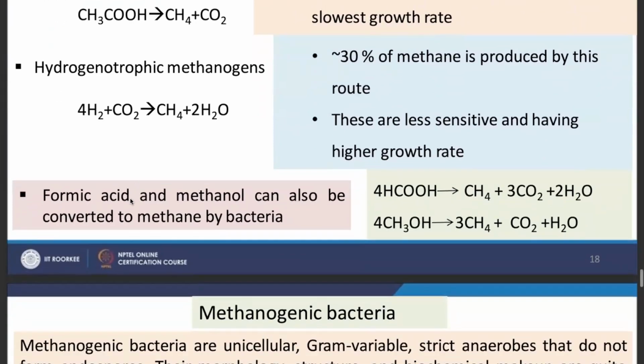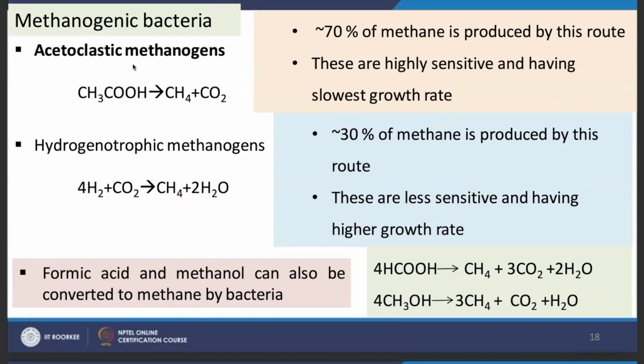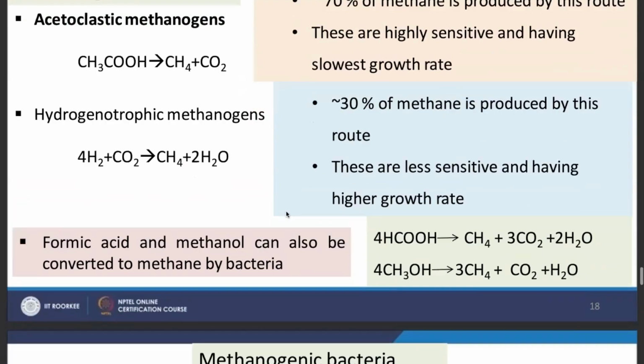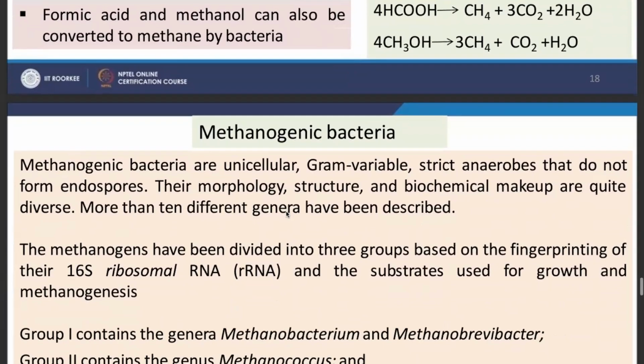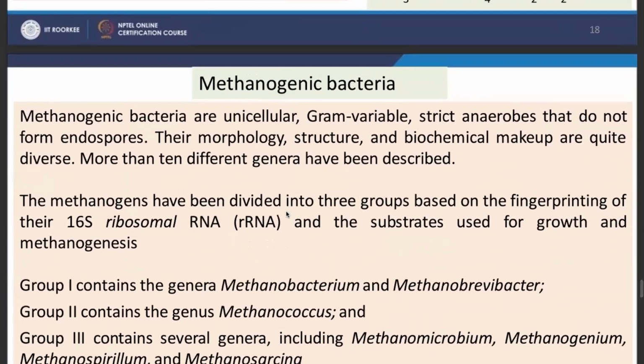So, formic acid and methanol can also be converted to methane by bacteria. These are just the raw materials which we have with us, which can be converted into methane and carbon dioxide using methane producing bacteria, methanogenic bacteria. So, this is the brief description of the methanogenic bacteria.